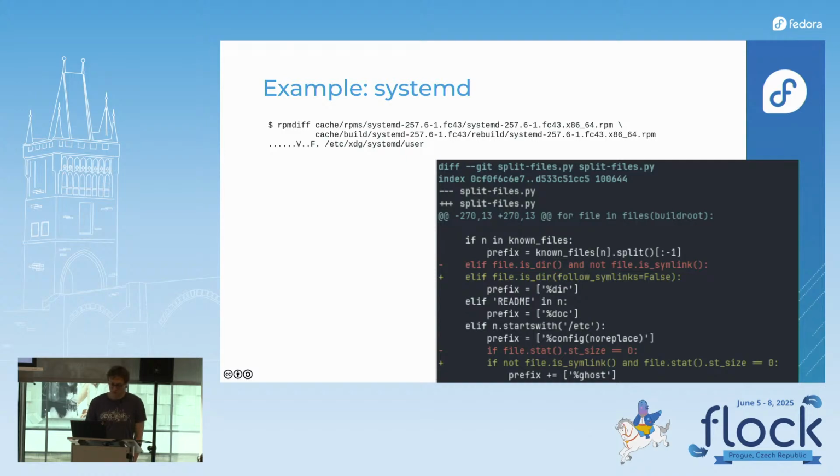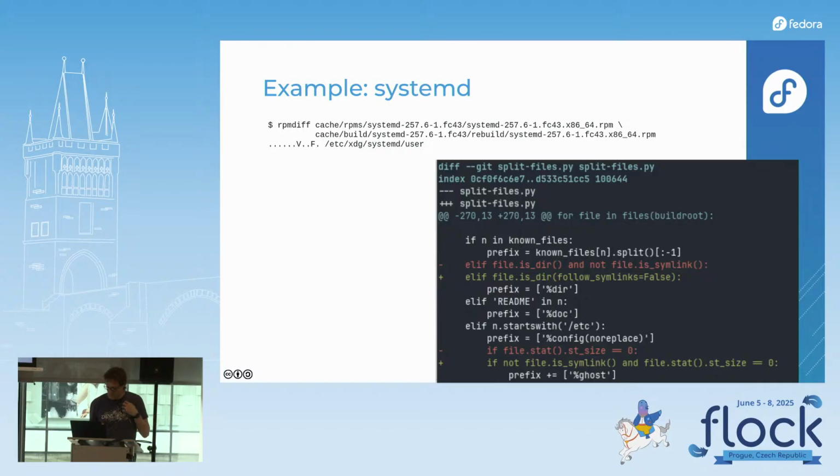because systemd was irreproducible, and this file etc xdg systemd user is a symlink. It turns out that systemd doesn't have a fixed file list. It installs files into a build root, the install root, and then uses a set of regexes to split them into sub-packages.